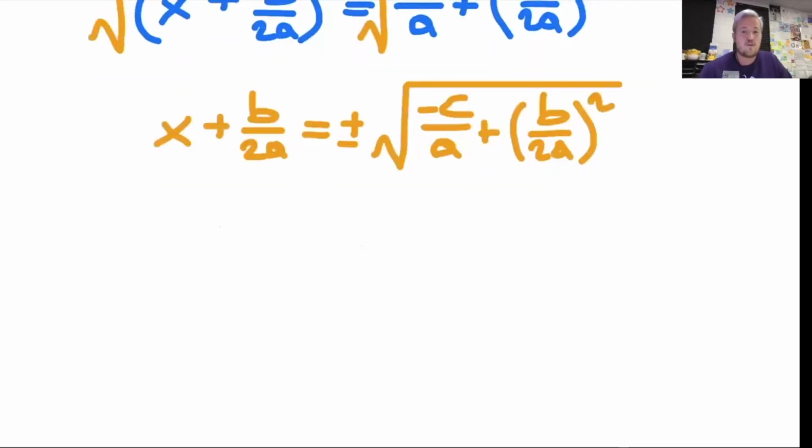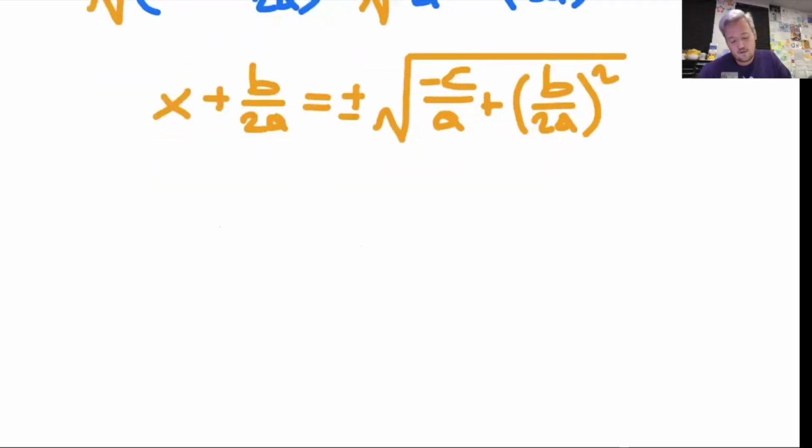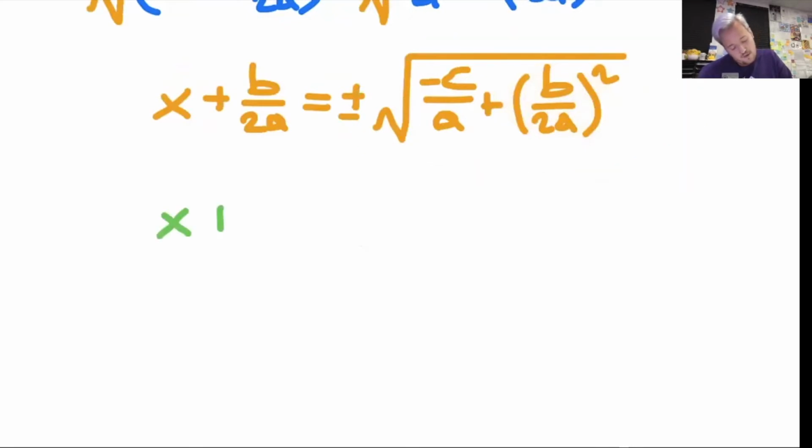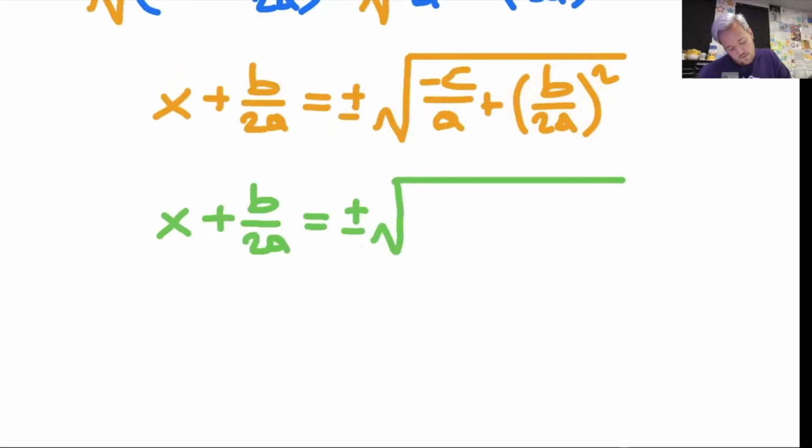All right, so now inside the radical, the b over 2a all squared, I'm going to start simplifying this because I want to start cleaning up inside this radical. So x plus b over 2a equals plus or minus the square root of negative c over a plus b squared over 4a squared.